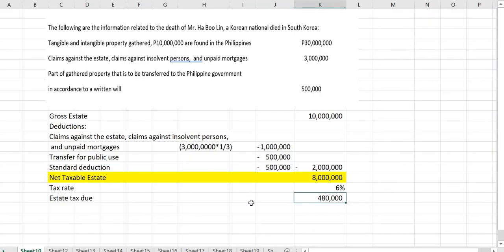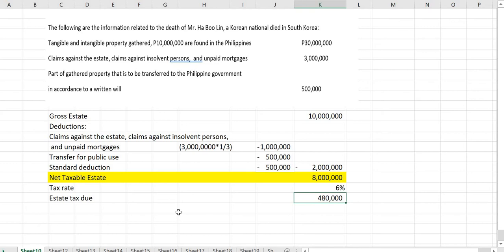a problem. We'll start first with the computation of net estate and estate tax due of a non-resident alien. To recall, NRA or non-resident aliens are taxable only for properties within the Philippines, and they are allowed to deduct proportional deductions of claims against the estate, claims against insolvent persons, losses, indebtedness, and taxes, pro rata between the Philippine gross estate and the world gross estate.